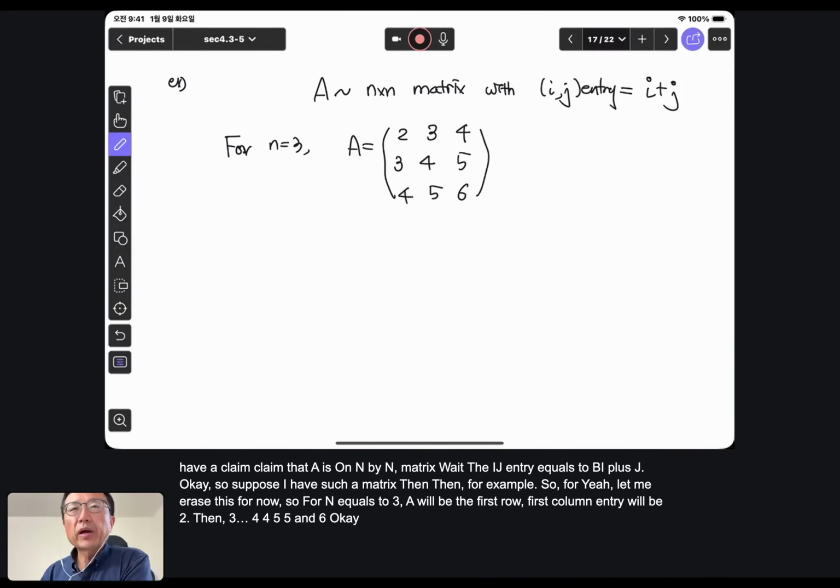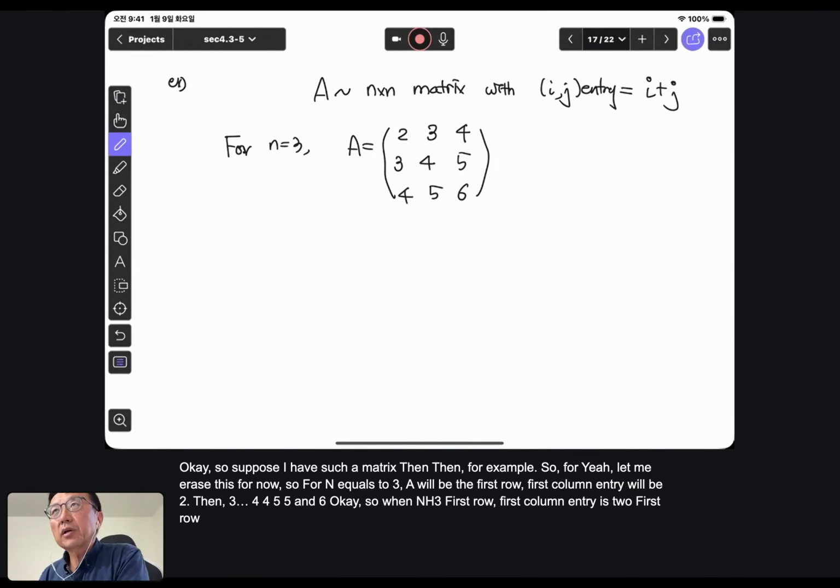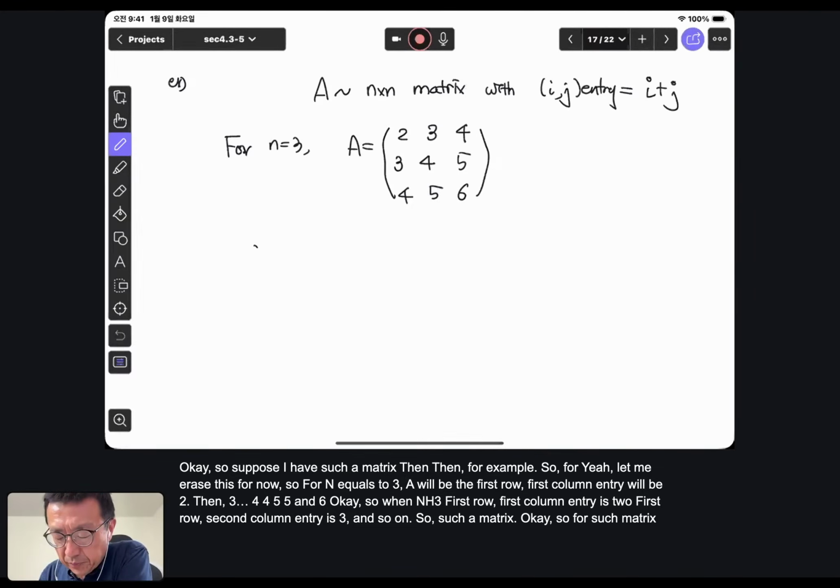Okay, so when n equals 3, the first row, first column entry is 2. The first row, second column entry is 3, and so on. So such a matrix.